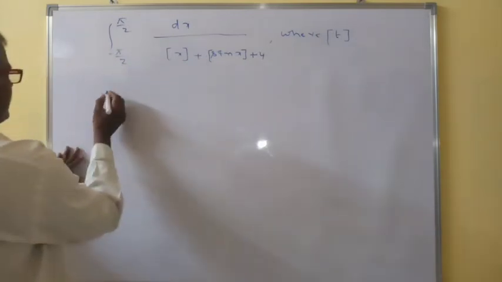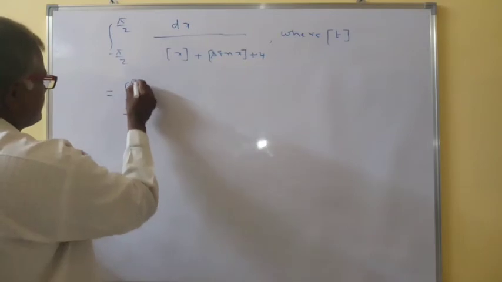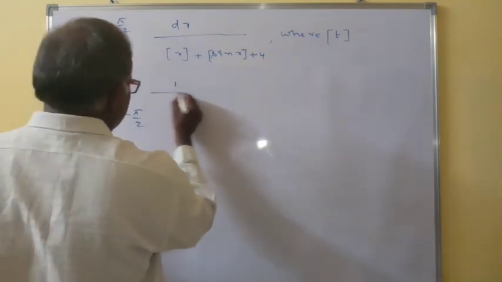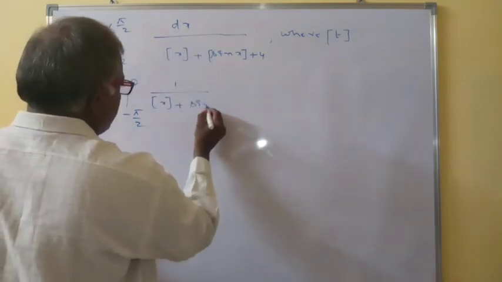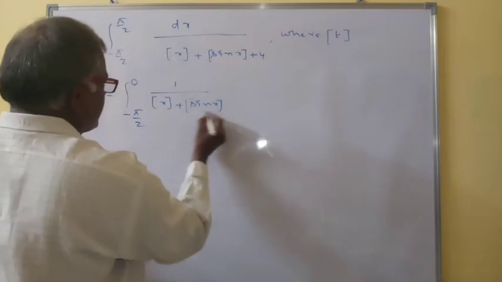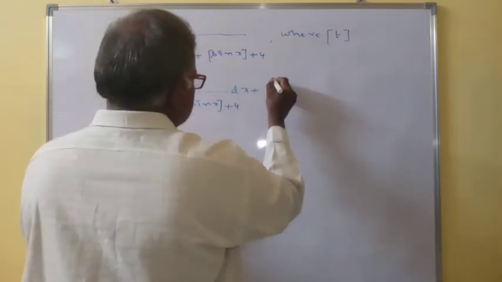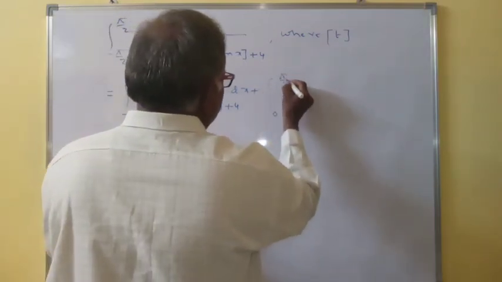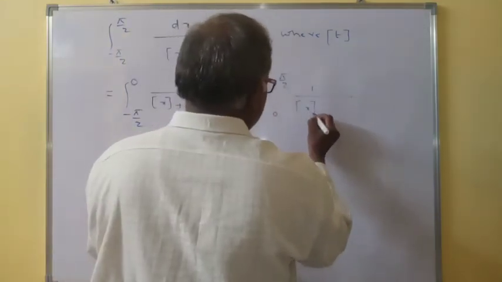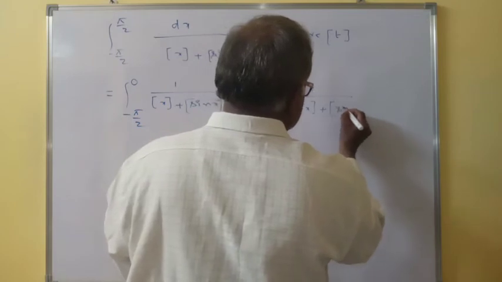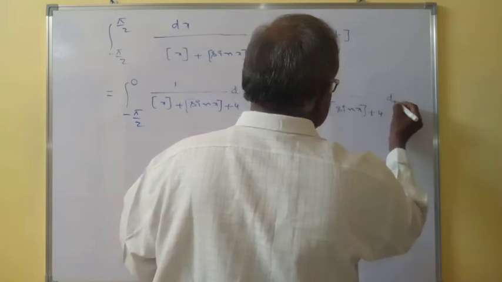So I can split it into two intervals: minus pi by 2 to 0, 1 by [x] plus [sin x] plus 4 dx, plus 0 to pi by 2, 1 by [x] plus [sin x] plus 4 dx.